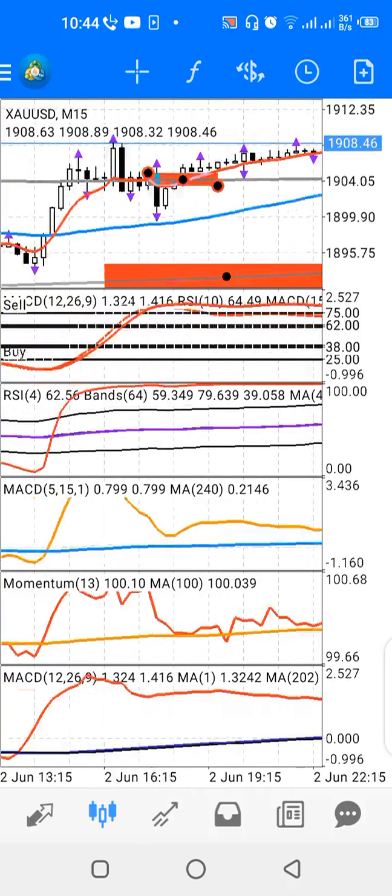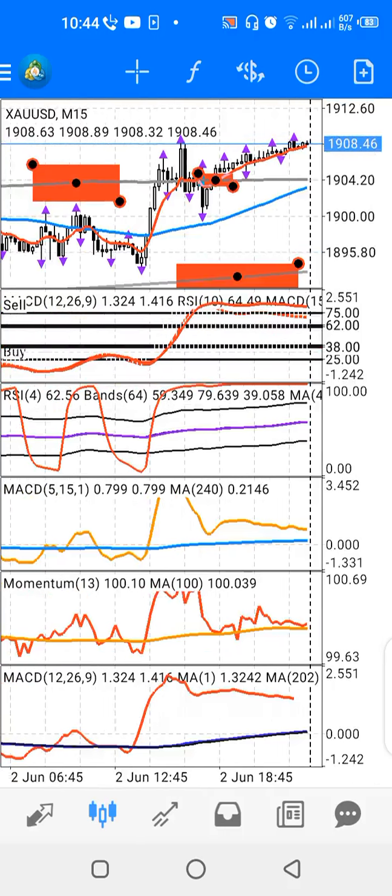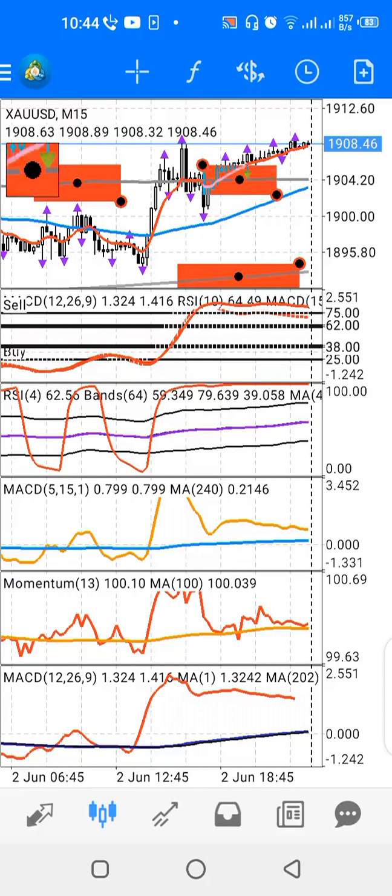But what I'm trying to say is, if the red line stays above all lines, you are sure to buy. Your buy trades are going to be sure.